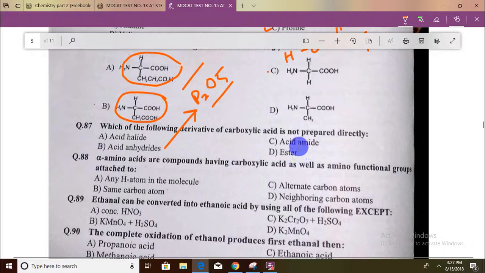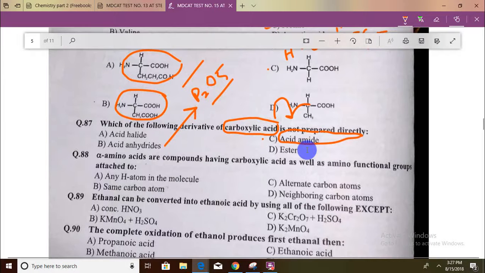Esters happen, we just need H2SO4. Whatever, acid amide: for that to work, you have to first convert the carboxylic acid into an acyl chloride, and then react it with NH3. So the answer is C, something we A-level students know.